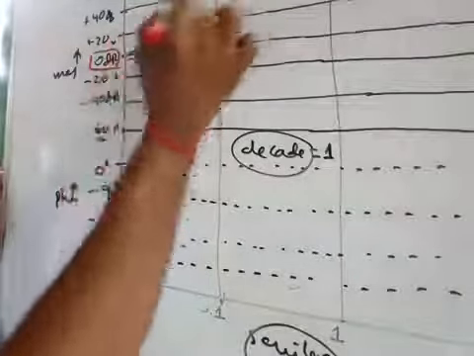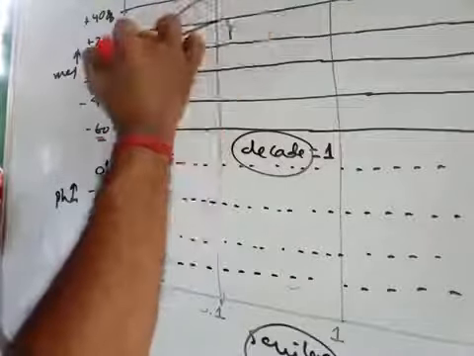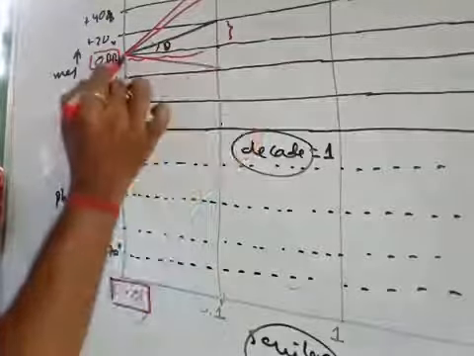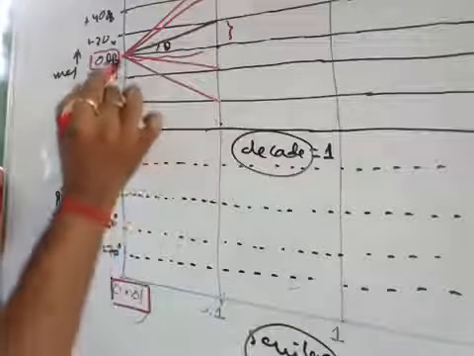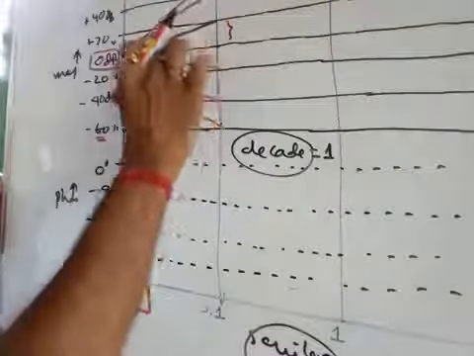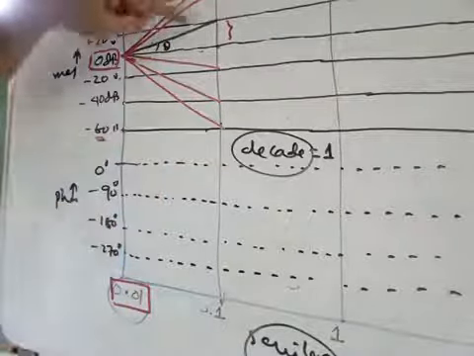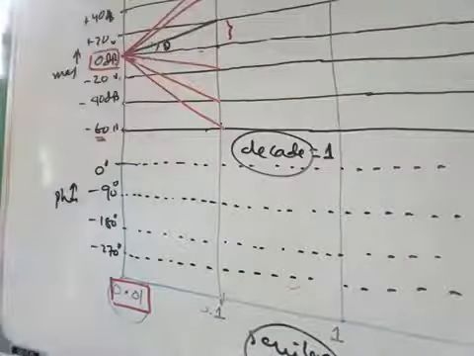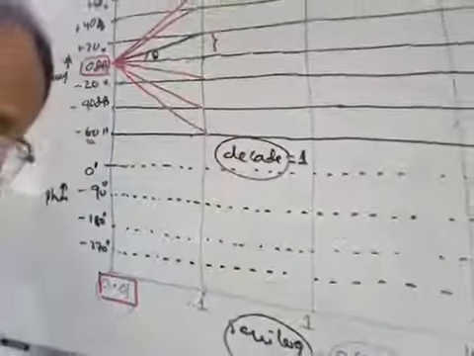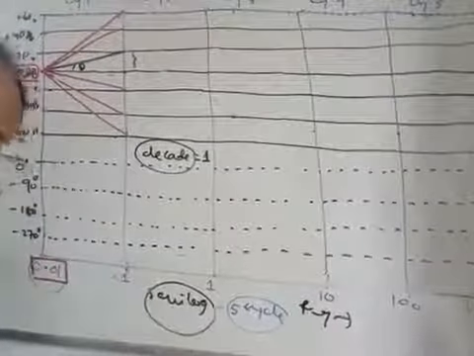So if you draw all these slopes like 0 dB to 40 dB, 0 dB to 60 dB, 0 dB to minus 20 dB, 0 dB to minus 40 dB, 0 dB to minus 60 dB, how many straight lines have we drawn? We have drawn 1, 2, 3, 4, 5, 6, and in every case try to understand the change of magnitude.